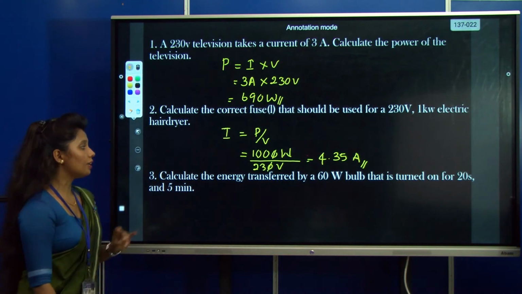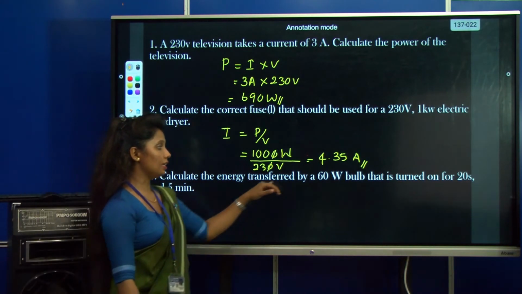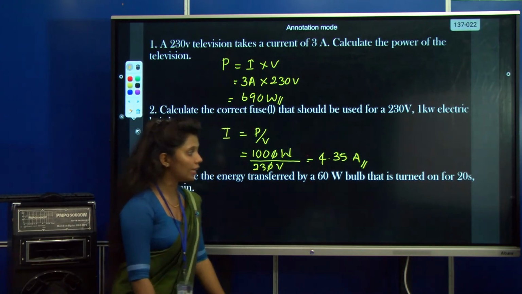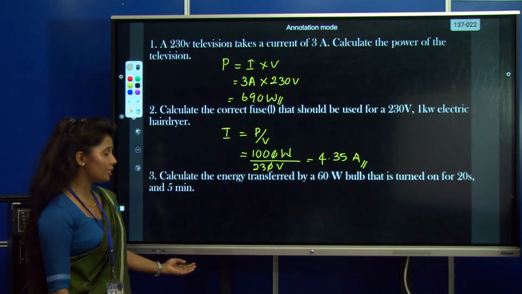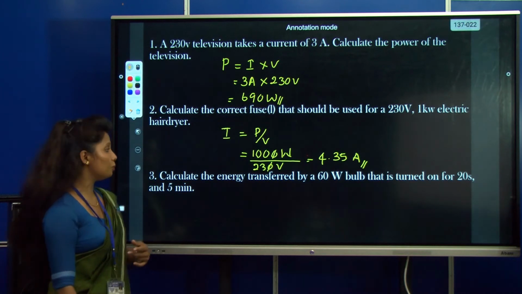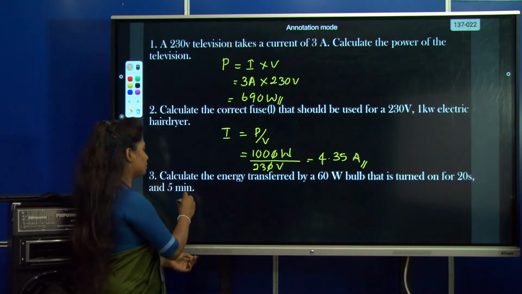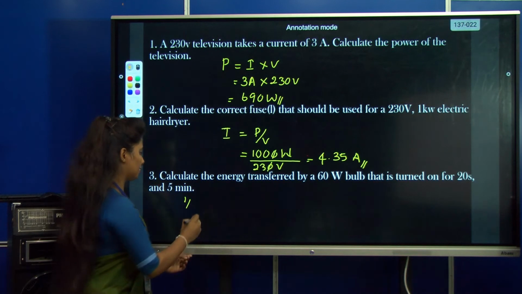Last, calculate the energy transferred by a 60 watt bulb that is turned on for 20 seconds and 5 minutes. So, there we have to do 2 calculations.